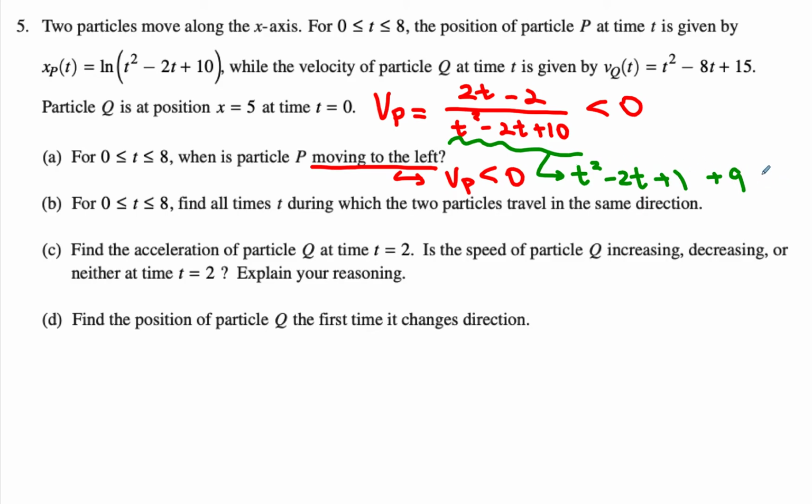In other words, this is equal to (t minus 1) squared plus 9. Whatever t is, it's been squared, and then we are adding 9 to it. Therefore the denominator will always be positive, so the velocity for particle P would be determined by the numerator.